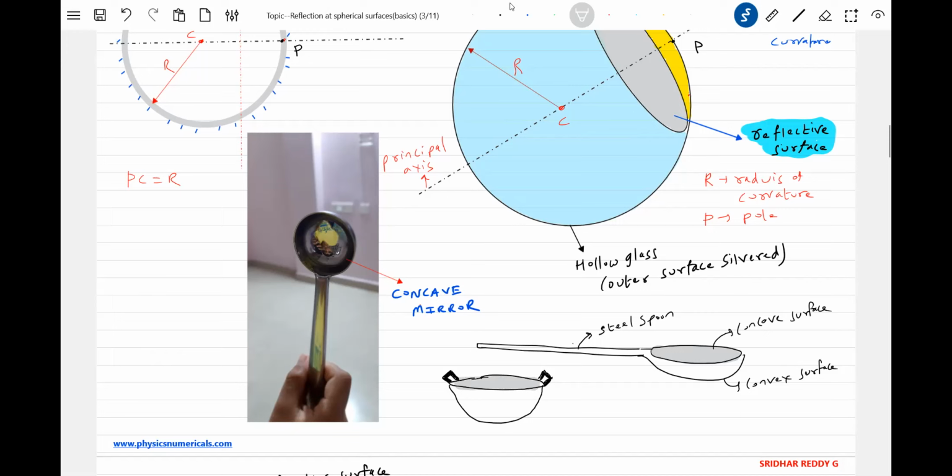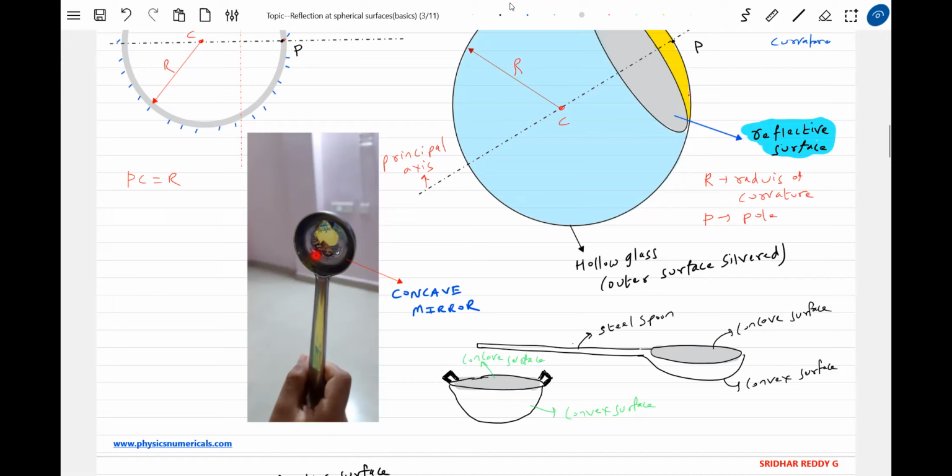So many examples are there. We just have to look at them. So this will again be the convex surface. This is a concave surface. Got it now?